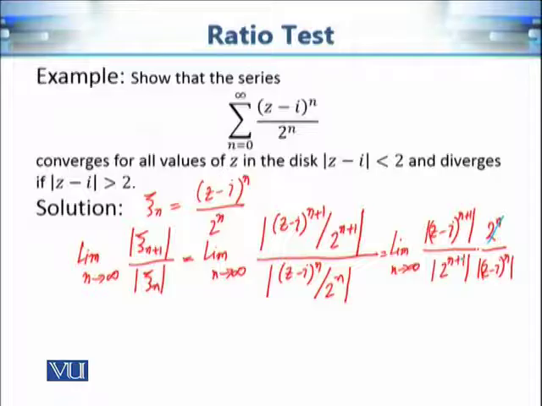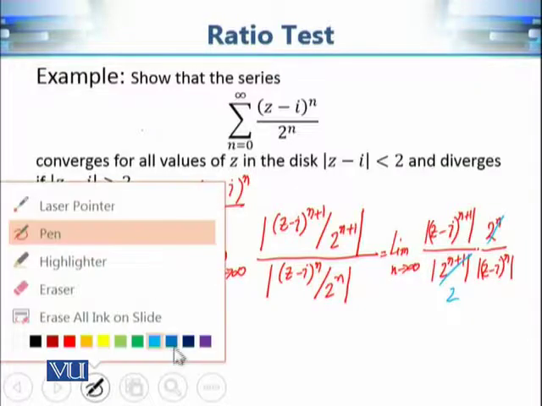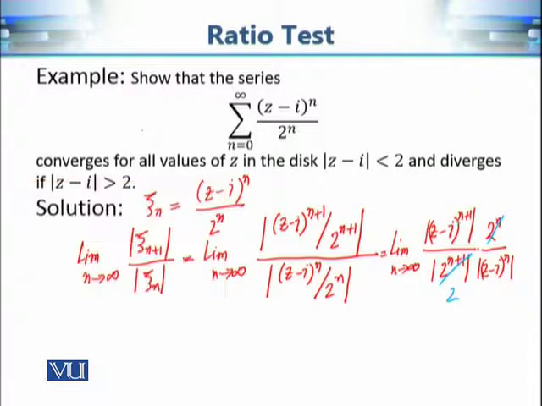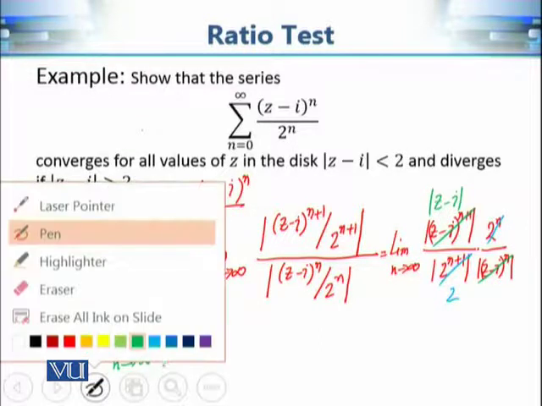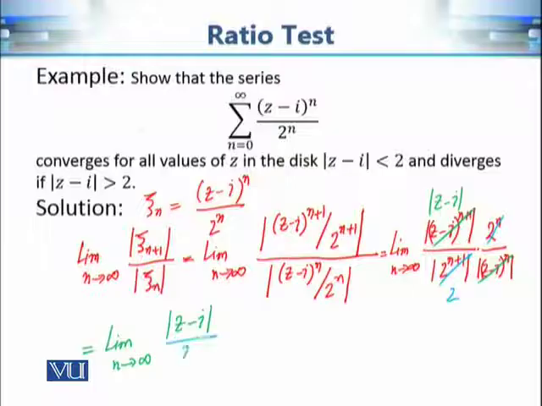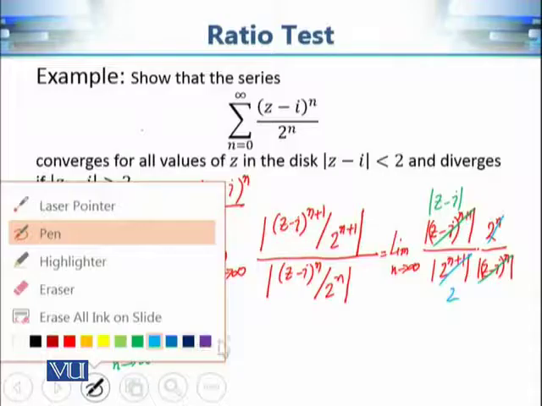Now what will happen in this case? This 2 to the n will cancel out and we'll be left with only 2. And what about the other case? This will cancel out with this and we will be left with the modulus of z minus iota. So this limit becomes the limit as n approaches infinity of the modulus of z minus iota divided by this 2.